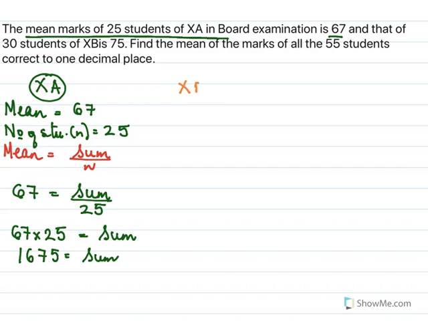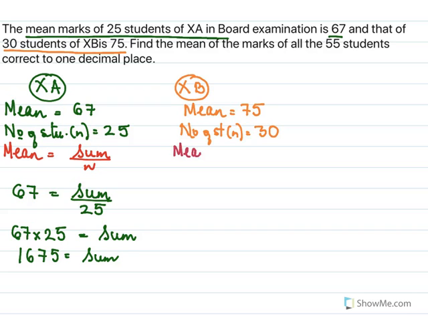Now we go to 10th B. In 10th B there are 30 students and the mean is 75. So mean equal to 75, number of students, that is n, is 30. So again here mean equal to sum over number of observations.